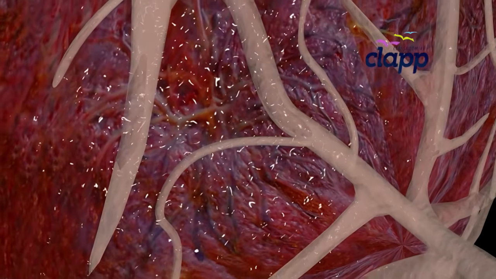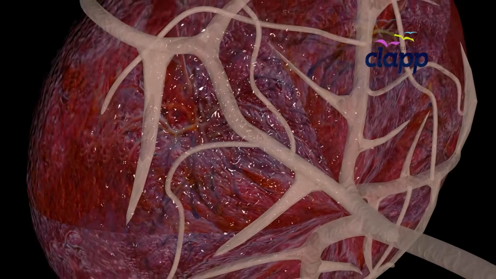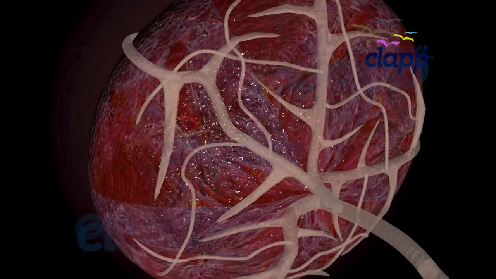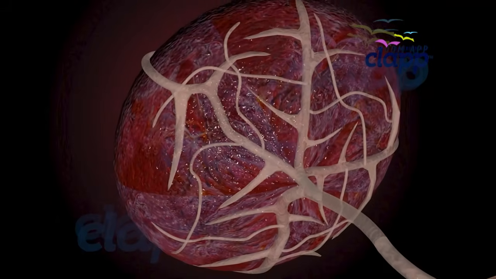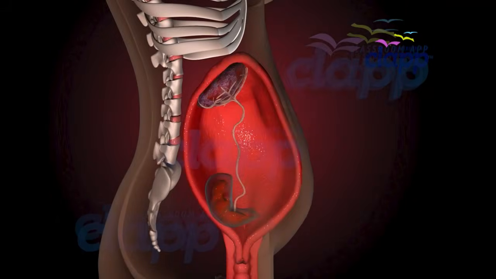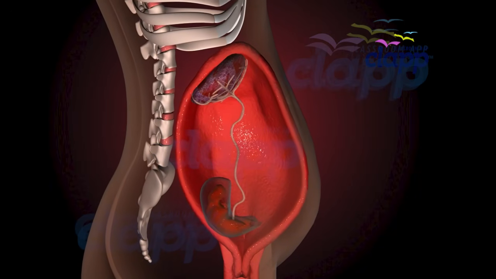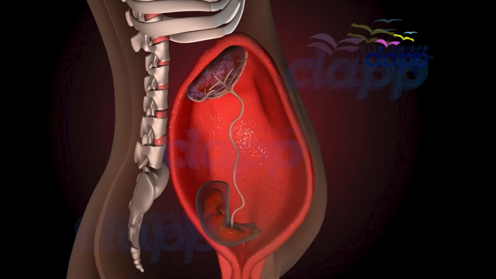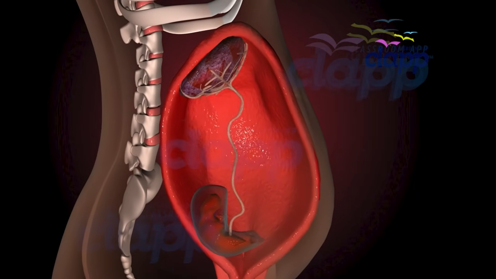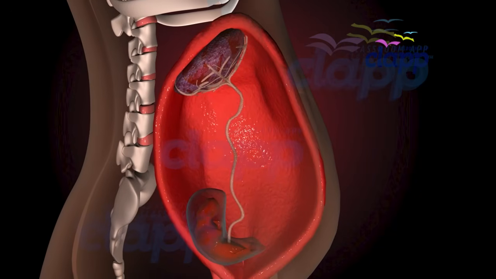The placenta is fully formed and functional by the end of the first trimester, around 12 weeks of pregnancy. It acts as a bridge between the mother and the developing fetus, facilitating the exchange of essential substances, waste elimination, hormone production, and immune protection.